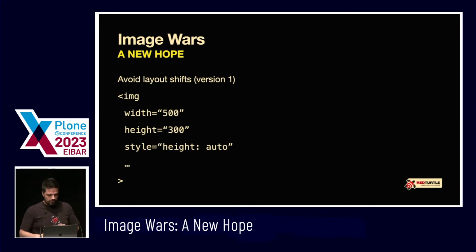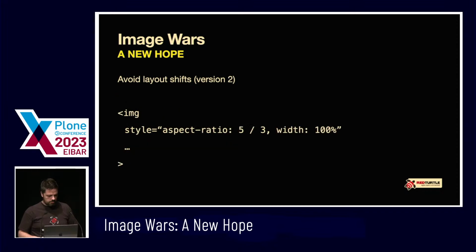The second way to avoid layout shifts is, I already talked about aspect ratio. You can actually use the CSS aspect ratio property for that, and that's equally fine. One caveat here, I suggest you use actual inline styles for the aspect ratio.